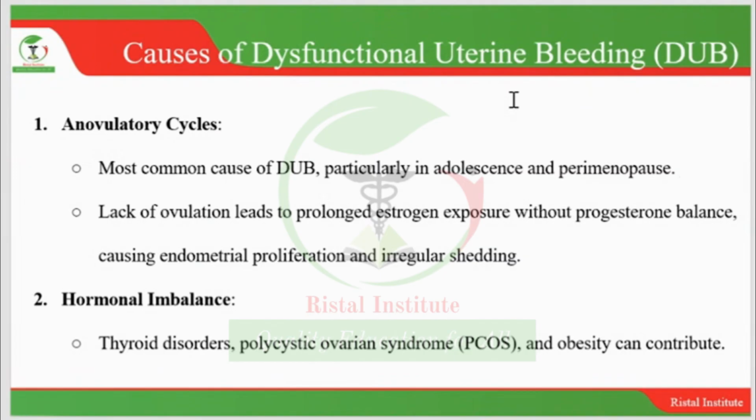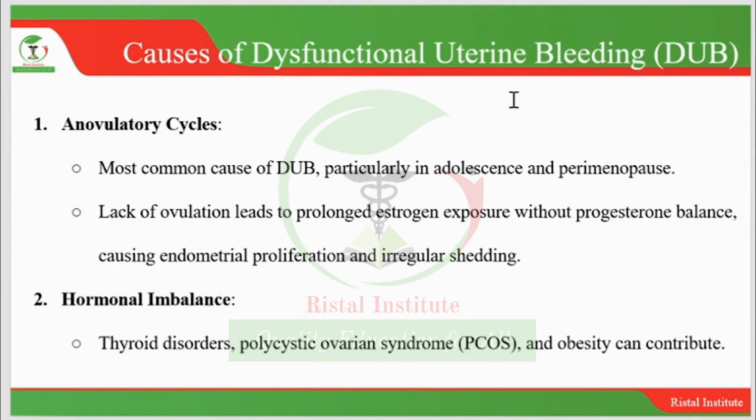So when the ovum is not released, chances are that the progesterone hormone will also not be released, and as a result, there will be too much estrogen, which is not counterbalanced by the progesterone, and this can lead to proliferative and irregular shedding of the walls of the uterus.